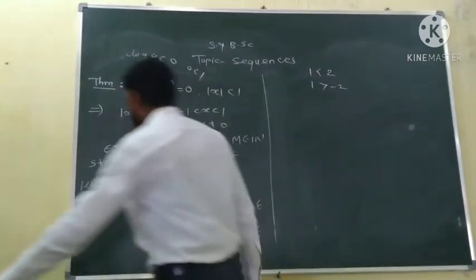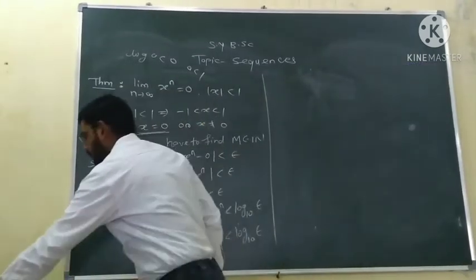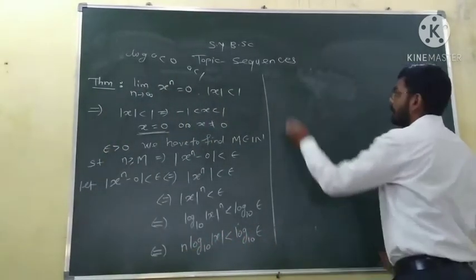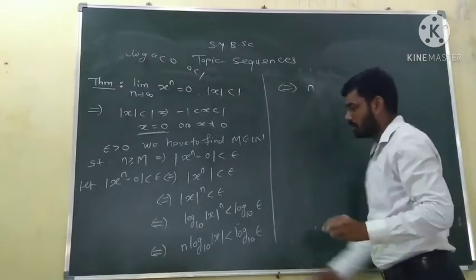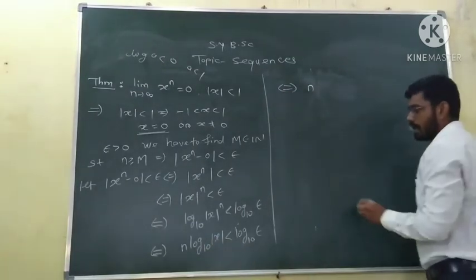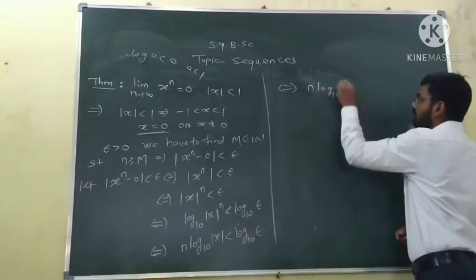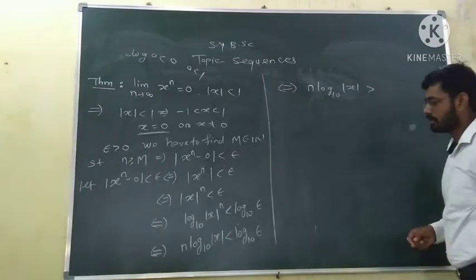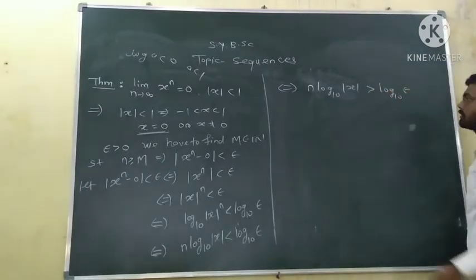So we can write that this happens if and only if n log to the base 10 of mod x is greater than log to the base 10 of epsilon.